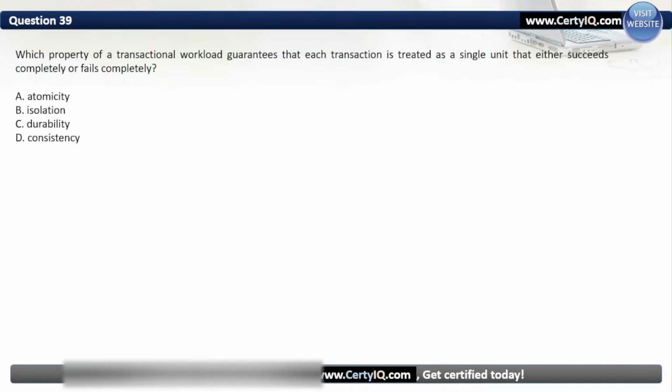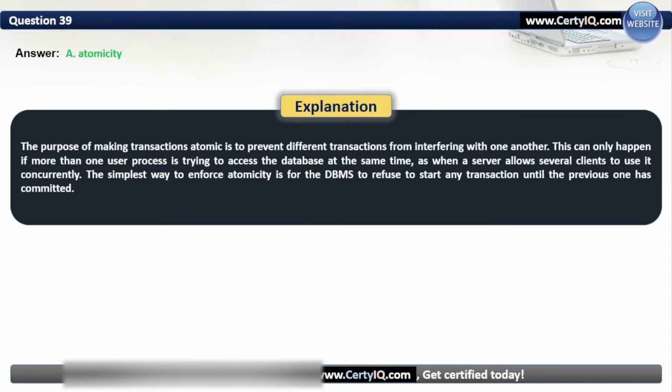Question 39. Which property of a transactional workload guarantees that each transaction is treated as a single unit that either succeeds completely or fails completely? The correct option is A. Atomicity. The purpose of making transactions atomic is to prevent different transactions from interfering with one another.